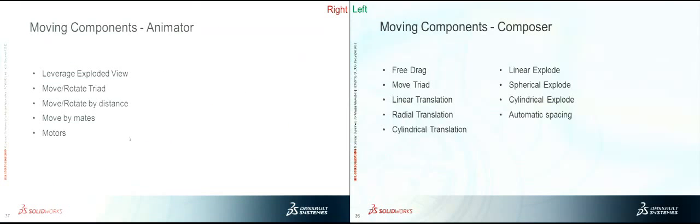So when we're talking about moving components, in Composer, your options are to use a free drag. I showed you using the triad linear translation, showed you some of those, and there's also several different specific explode modes. Yeah, on the animator side, we're leveraging what we know in SolidWorks. We've got an exploded view, we've got the same move, rotate triad.